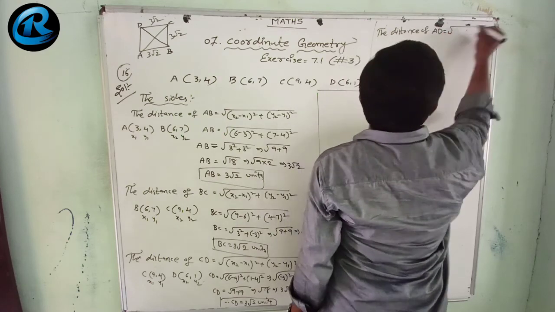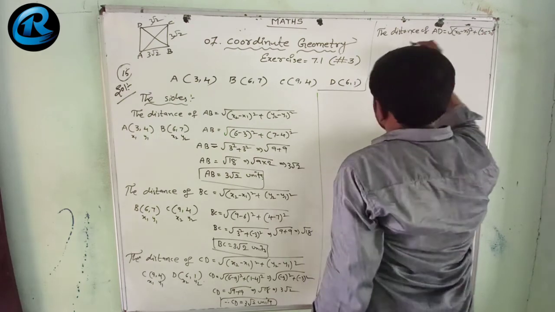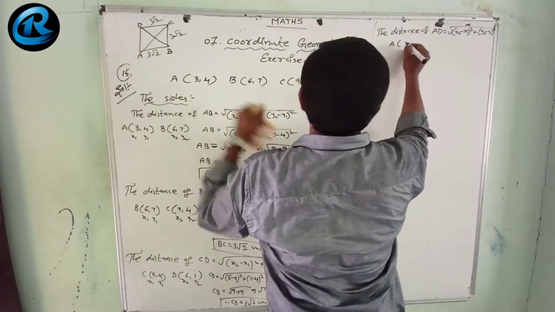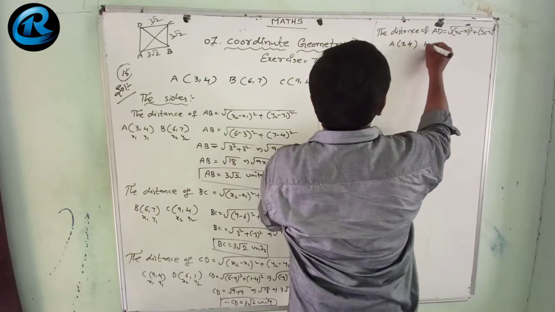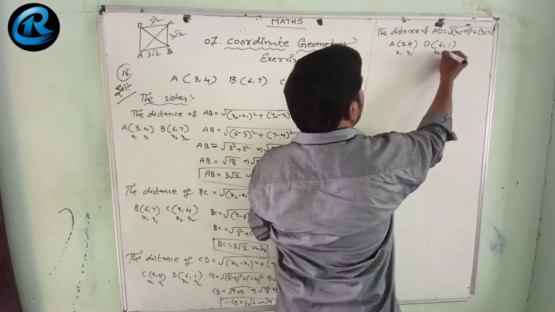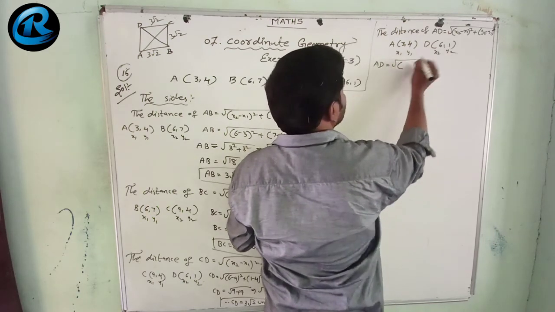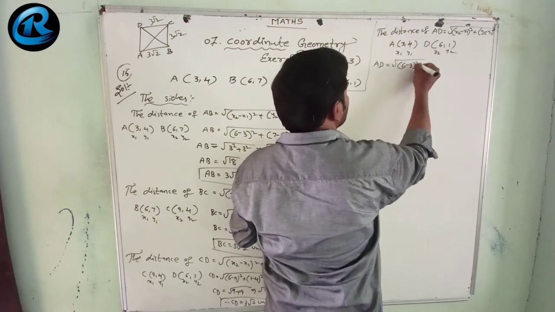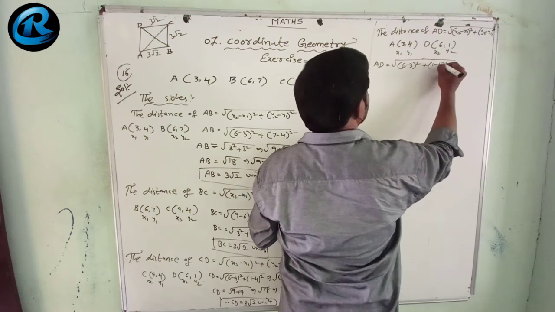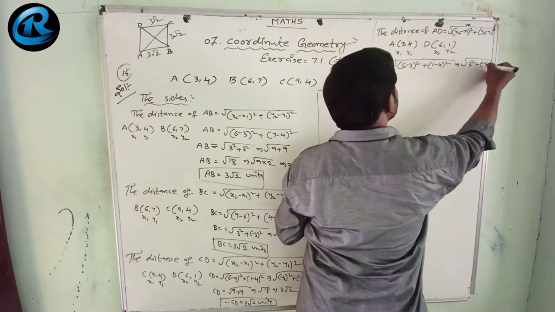AD or DA equal to x2 minus x1 whole square plus y2 minus y1 whole square, where A point is 3 comma 4 and D point is 6 comma 1. x1 y1 x2 y2, where AD distance is equal to under root of x2 minus x1, 6 minus 3 whole square, plus y2 minus y1, 1 minus 4 whole square, that equal to 6 minus 3, that is 3 square, plus 1 minus 4 is minus 3 whole square.